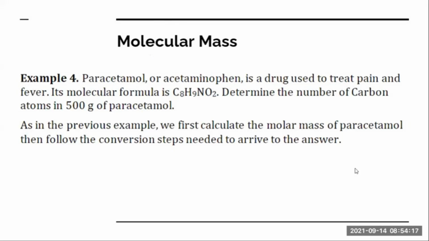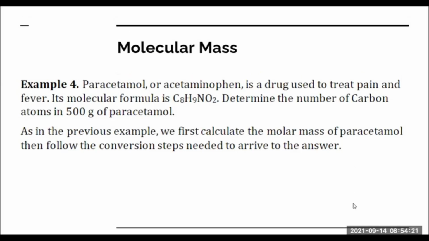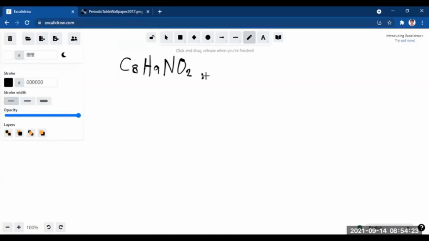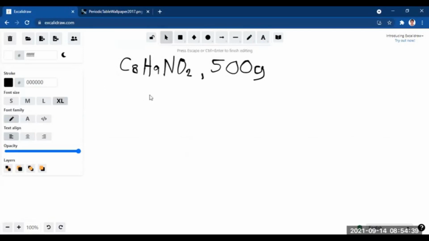So C8H9 and O2. Then we'll go back to the Jamboard. 500 grams is given. So this is paracetamol. This is the molecular formula of our paracetamol. So given 500 grams, we're looking for the number of atoms in 500 grams of paracetamol.